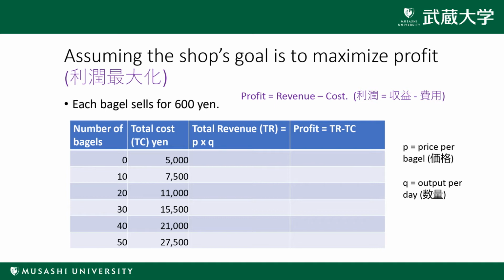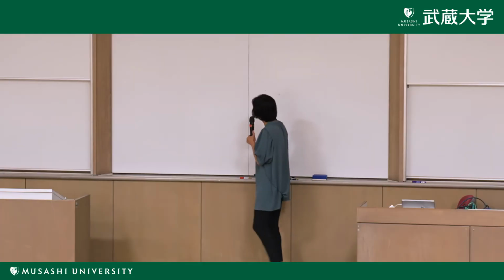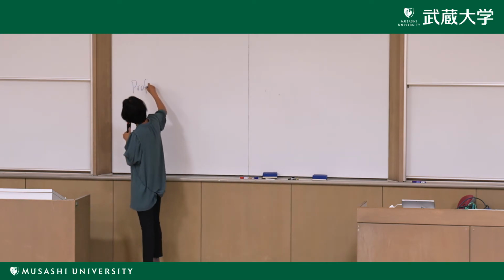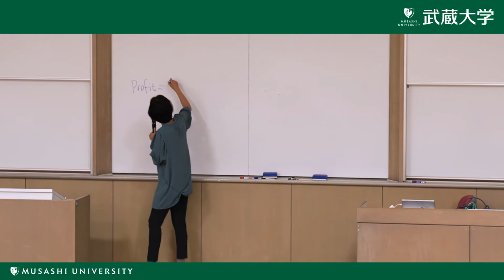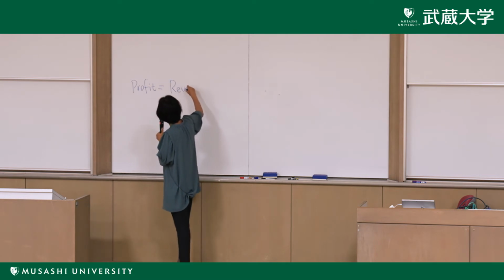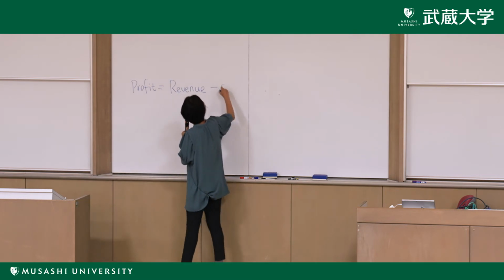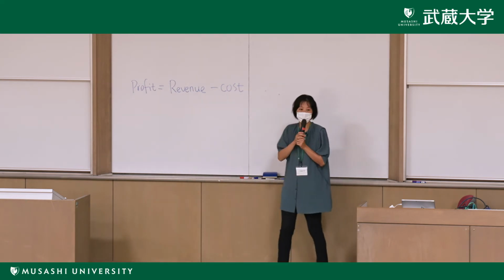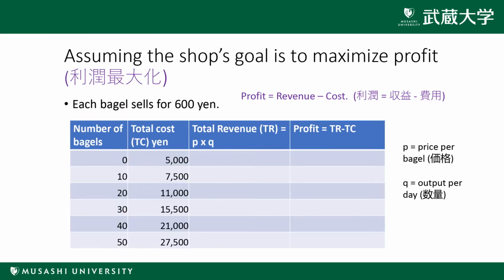Then we are going to use this equation for profit to calculate the actual numbers. Profit is the difference between revenue and cost.